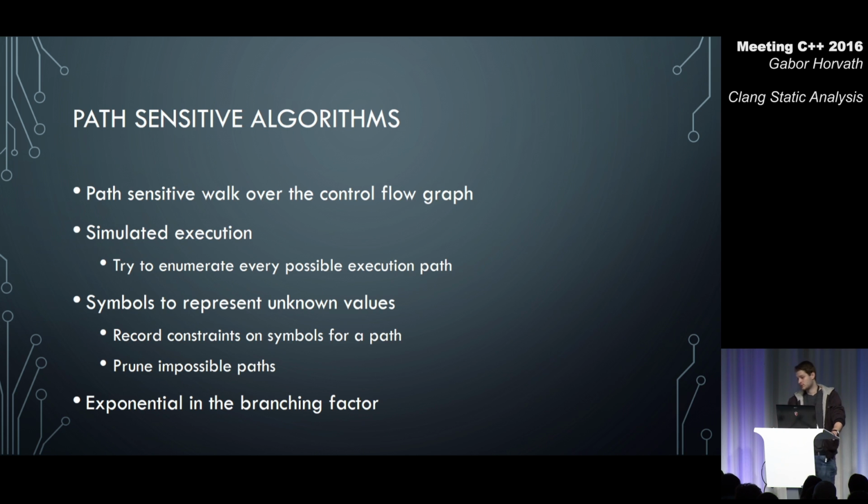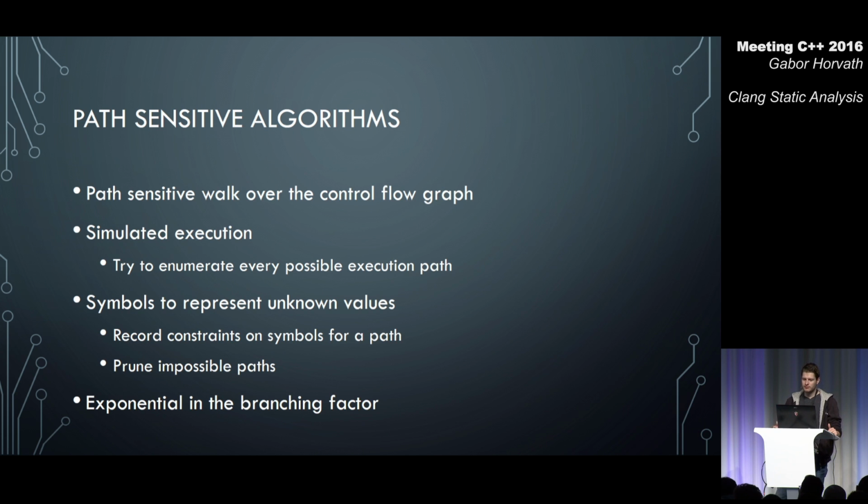So the problem was that when we merge two paths, we lose information, basically. And we do not want to lose information, so in a path-sensitive algorithm, we keep all the separate paths, we never do a merge, we let these execution paths explode, basically, and we try to do a simulated execution.